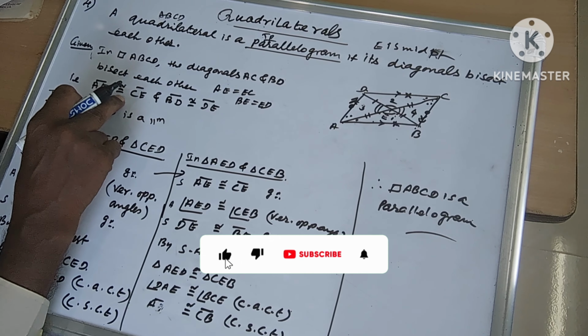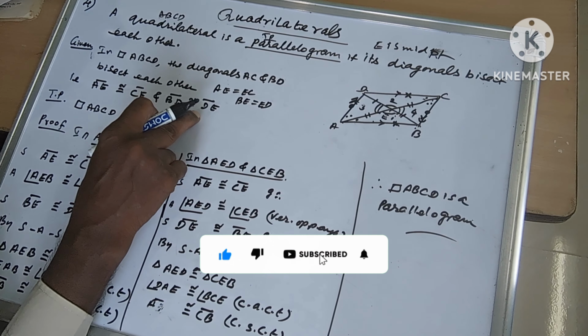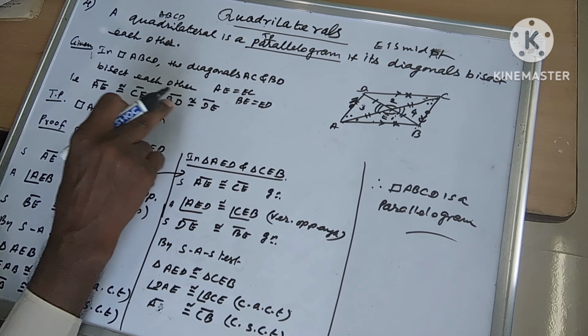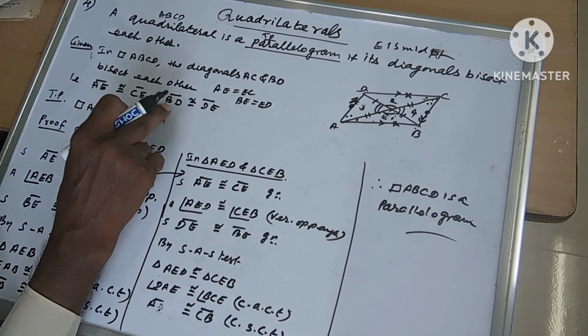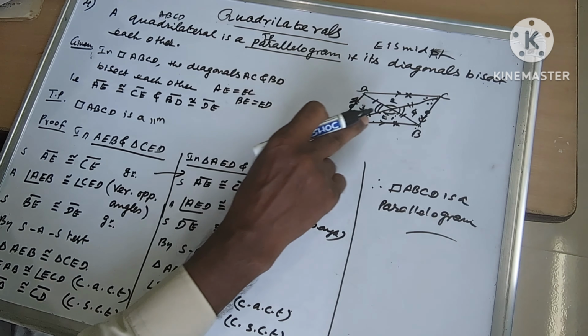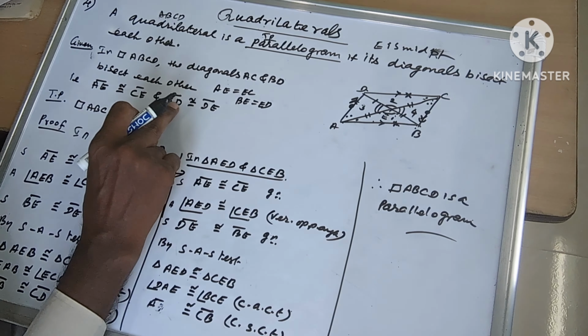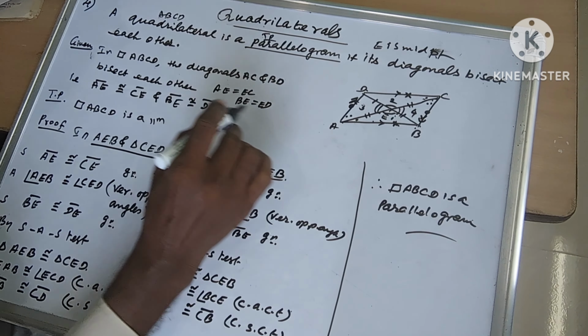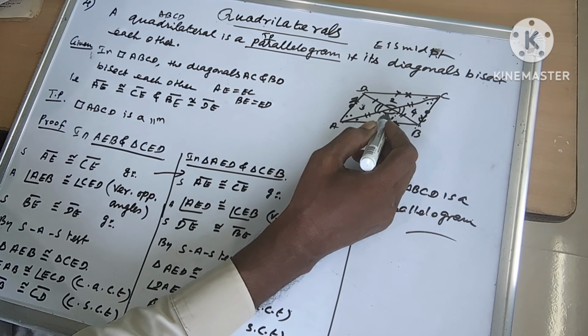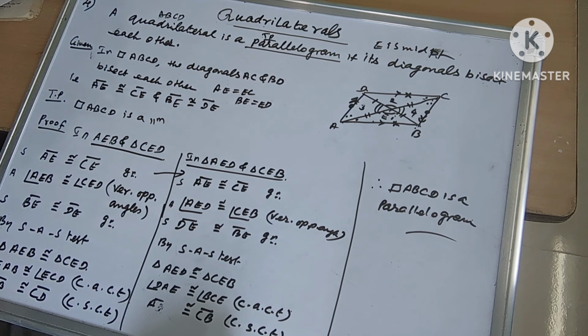That's why AE is congruent to CE, and BE, sorry, this is BE, is congruent to DE.